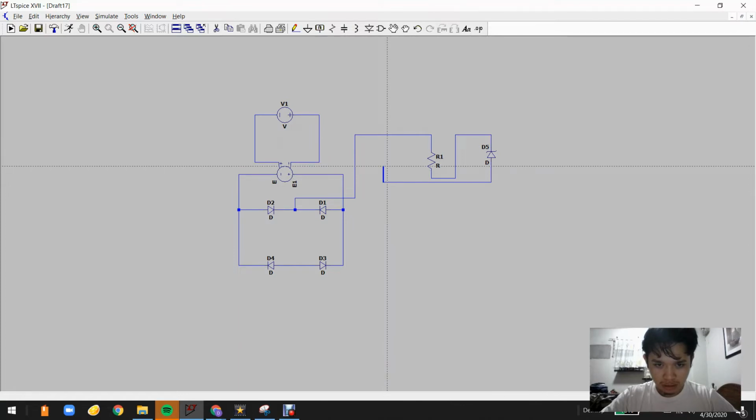And there's our capacitor. Gonna put our first capacitor here. Oh, wait. Here I'm gonna connect that. Go back down.